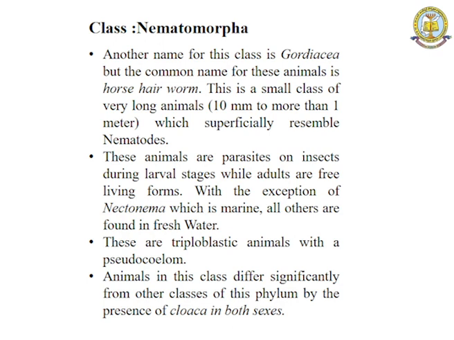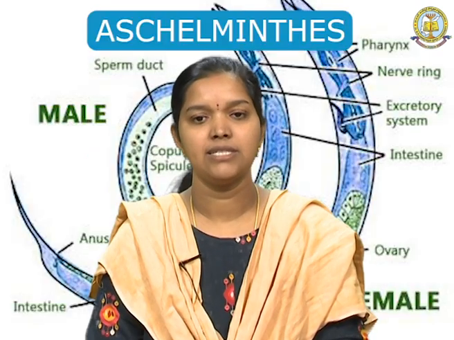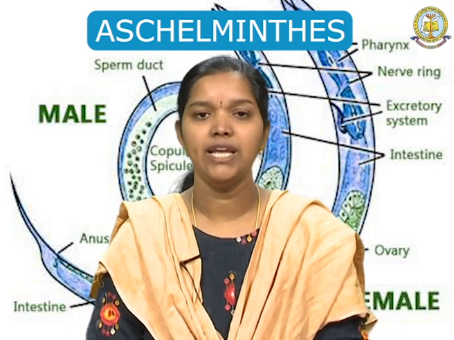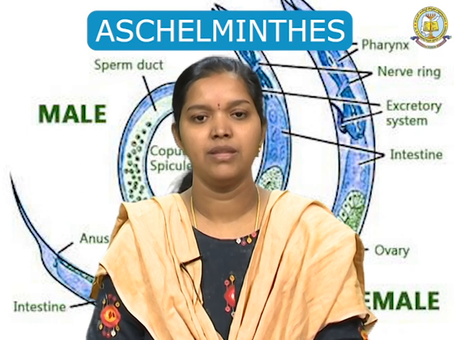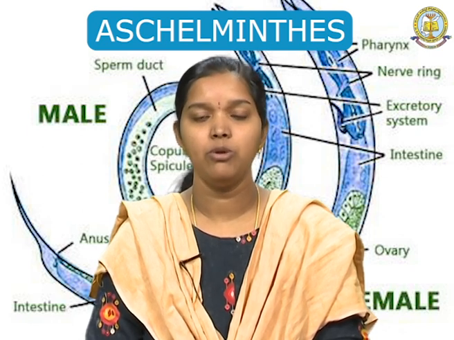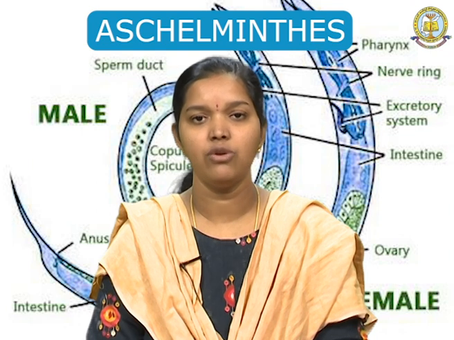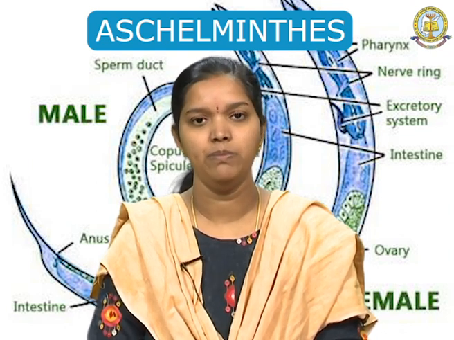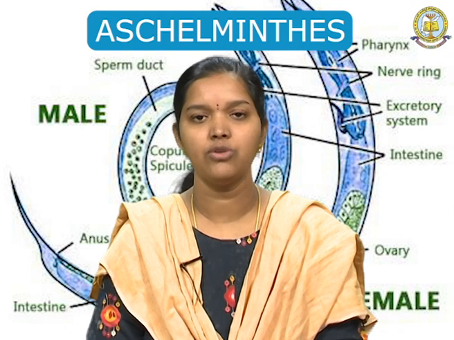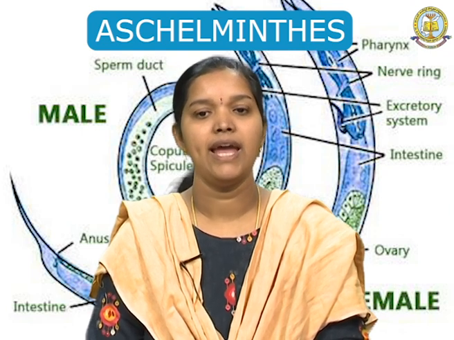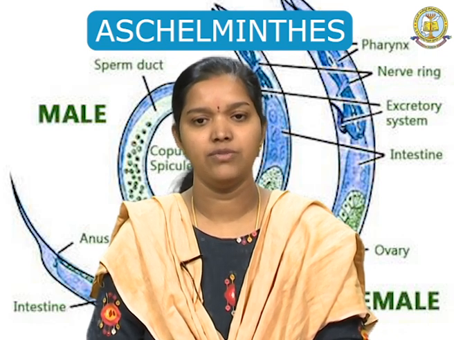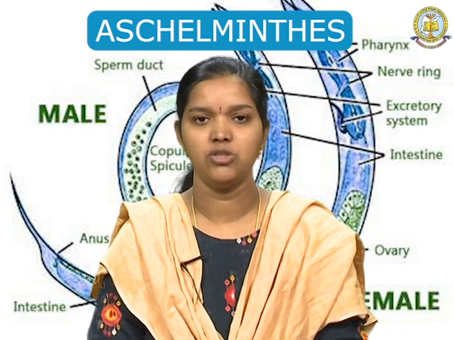They are usually parasites in insects during the larval stages, while adults are free living in nature. And they are triploblastic animals, that means they consist of ectoderm, endoderm and mesoderm, and they have pseudocoelom, that means the coelom which is not of mesodermal origin, and they differ from the other classes of the organisms present in this phylum.